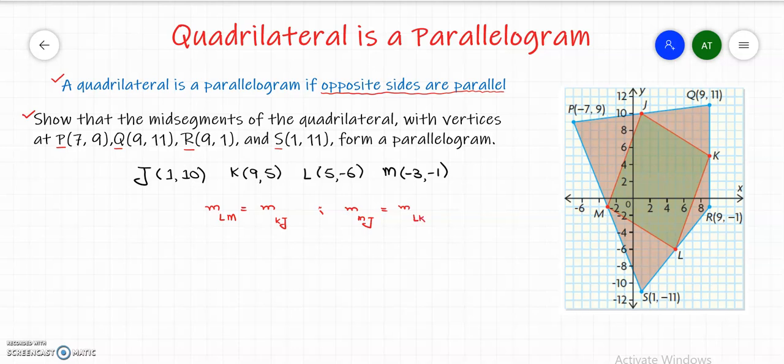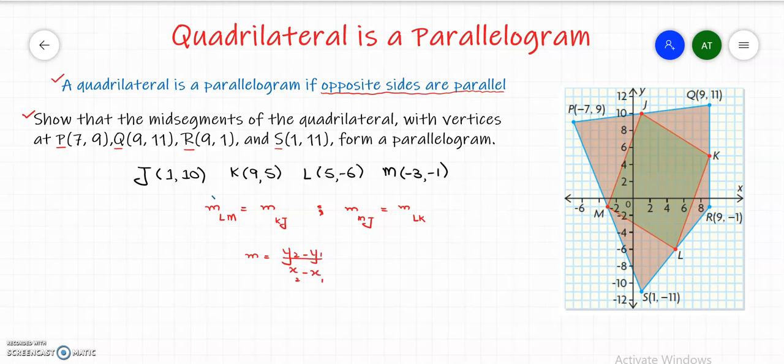Right? And what formula do we have to use to find the slope? So keep in mind, whenever we are given 2 points and we need to find the slope between 2 points, we need to use the formula m equals y2 minus y1 over x2 minus x1. Right? Okay, let's begin with the first one.